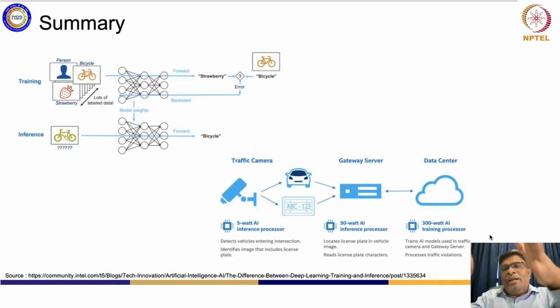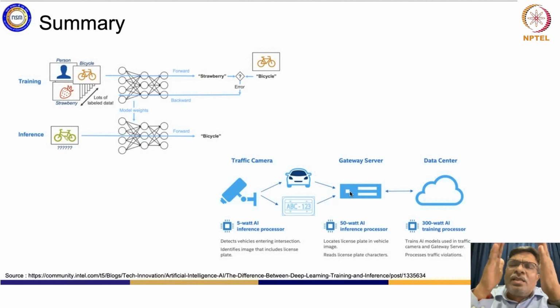Once it has trained, it has to go for inferencing now, right? And what does it process? Let us say it processes the traffic violations. Now what does the gateway server do? Gateway server is a 50-watt AI inference processor. What it does is locate the license plate in the vehicle image and read the license plate characters.